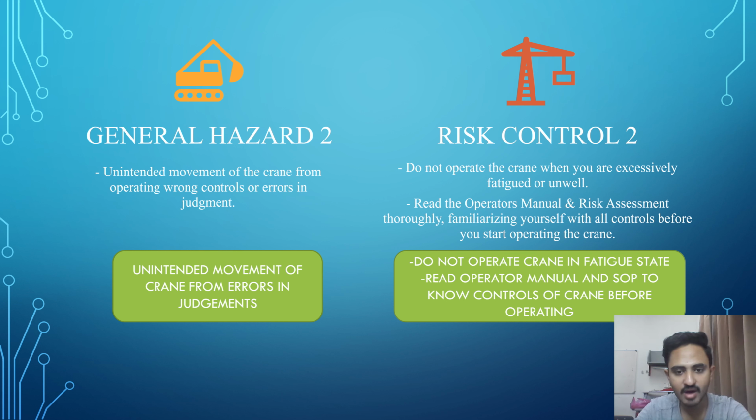We should read the operator's manual and risk assessment thoroughly. Familiarizing yourself with all the controls before starting the crane will help in understanding the crane very much. Read the operator's manual and standard operating procedures to know the controls of the crane before operating, in order to make sure of the risk control.